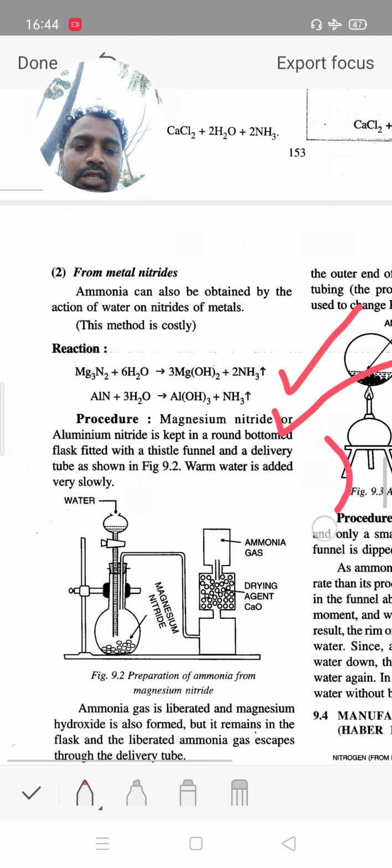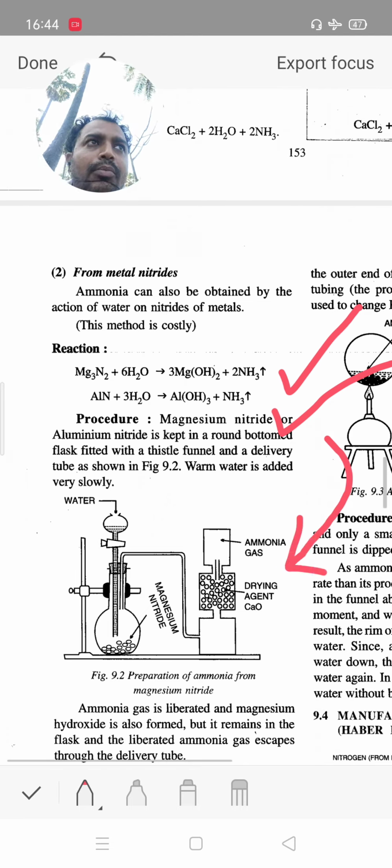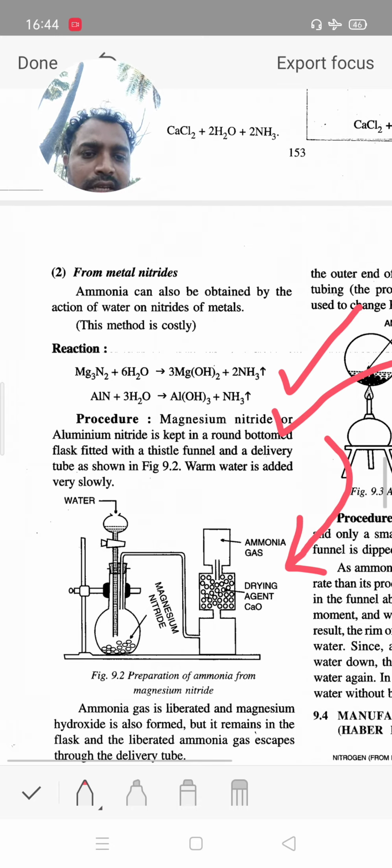In this reaction also we prepare ammonia, and also use calcium hydroxide, quicklime as a drying agent for dry ammonia, and collect it by downward displacement in the jar, same kind of procedure.